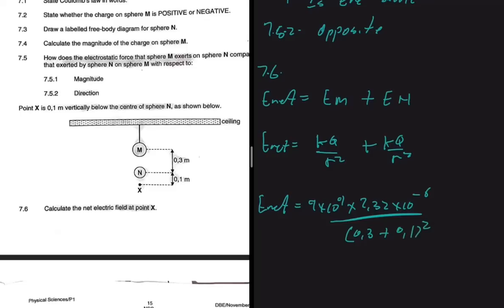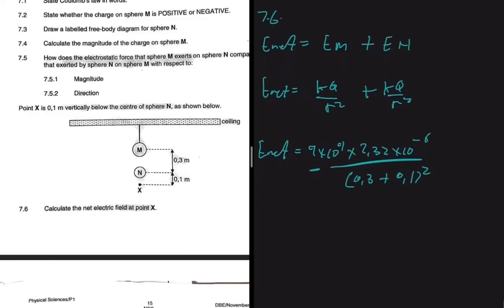But then now we have to worry a bit about direction here, right? Because M is negative and N is positive. So let's substitute M with its negative value, and then we'll substitute N with its positive value.